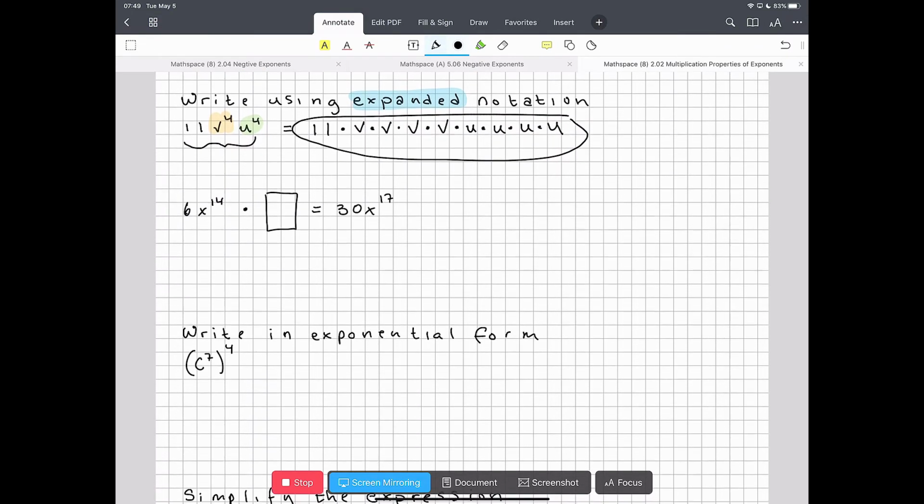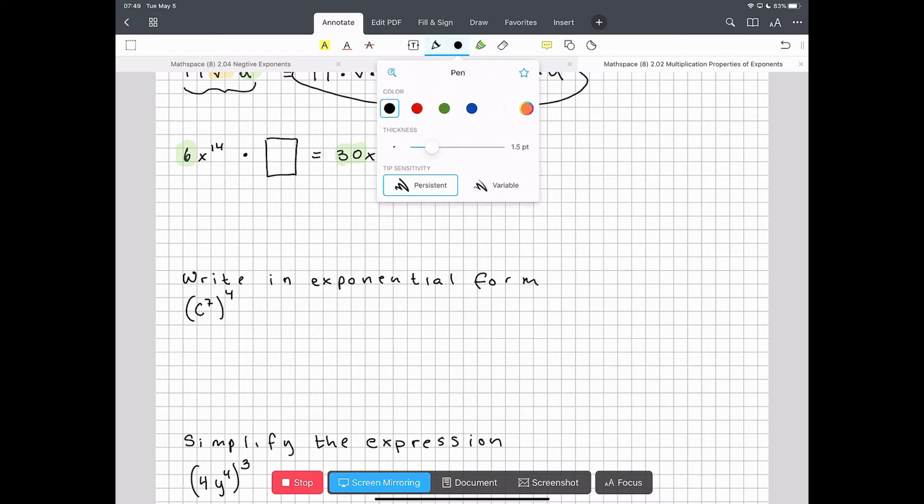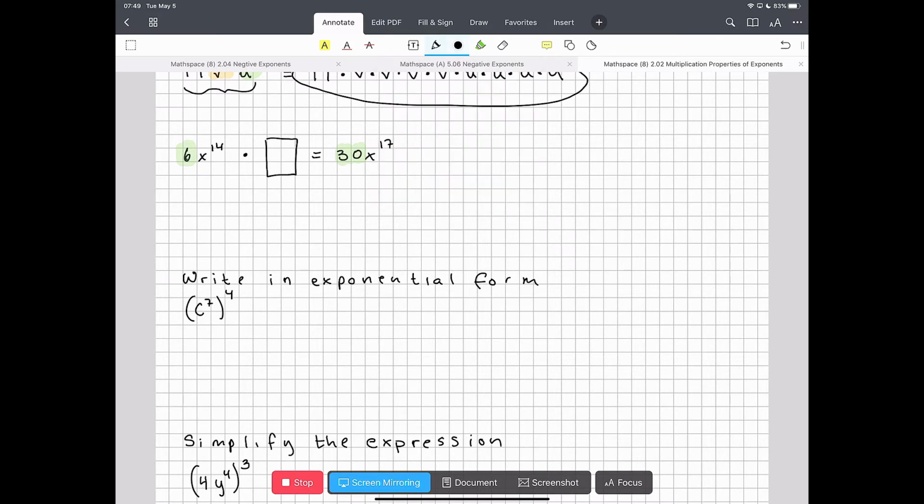The third problem has 6x to the 14th multiplied by something equals 30x to the 17th. So let's start with the coefficients. 6 multiplied by something is 30. We know that 6 times 5 is 30. Now let's look at the exponents.